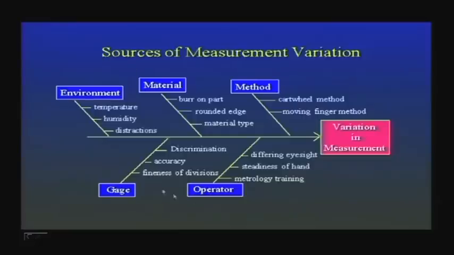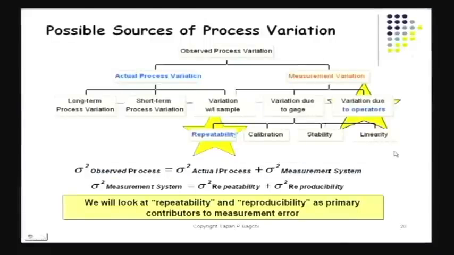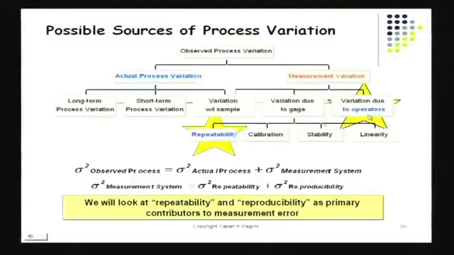So I've listed various factors that could lead to variation in the measured data, and this is another picture of it. But what I'd like to point out is that the concern industry has most of the time is the issue of repeatability, which means if I apply the same gauge on the same object again and again, will I get the same reading? The other issue that industry worries about is reproducibility. That means if I use different operators to do my gauging, will they produce numbers which are all pretty close to each other?